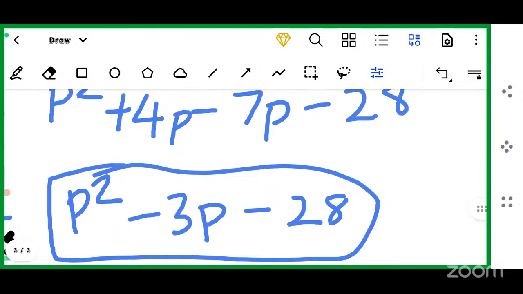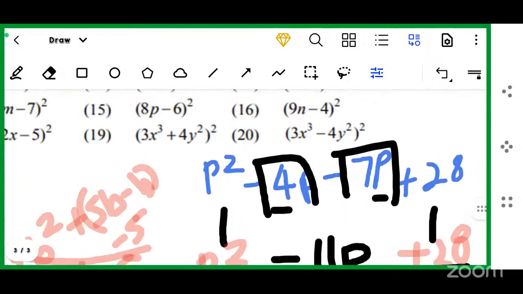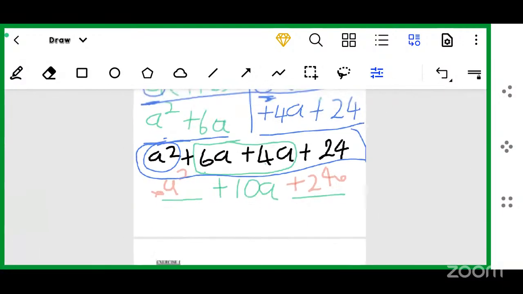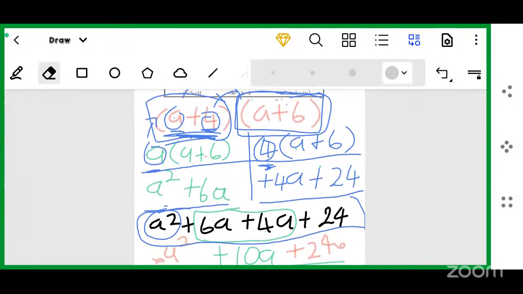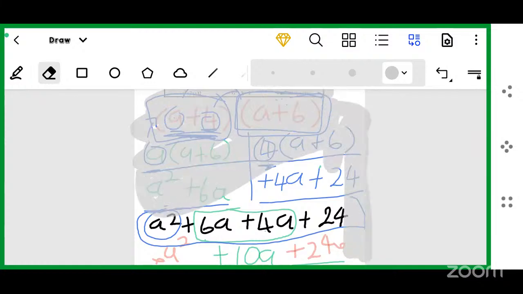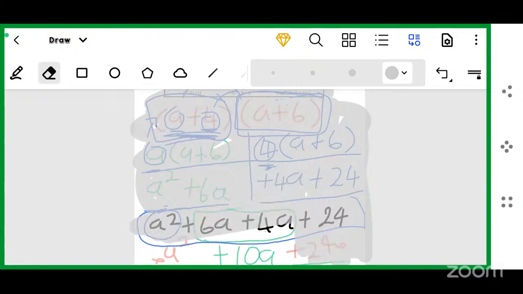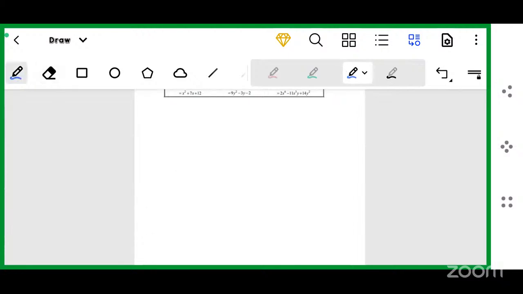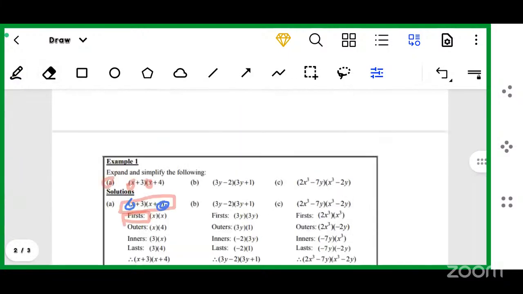Ma'am, when I was doing it, I got the negative 3p. Okay, let's try it together now. So let me just create a space here for us to work that one out. Okay, so let me check.